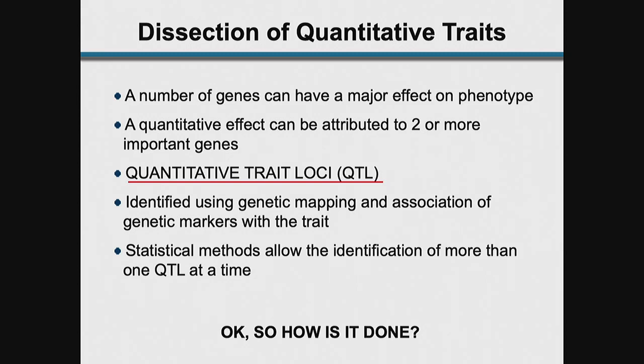So the fundamental idea behind QTL mapping is that you can identify the location of a QTL in the genome by using marker loci that are linked to the QTL, right? So incorporated in this approach are also statistical methods that allow us to identify, once we have collected the data, where in the genome our QTLs might reside, okay?